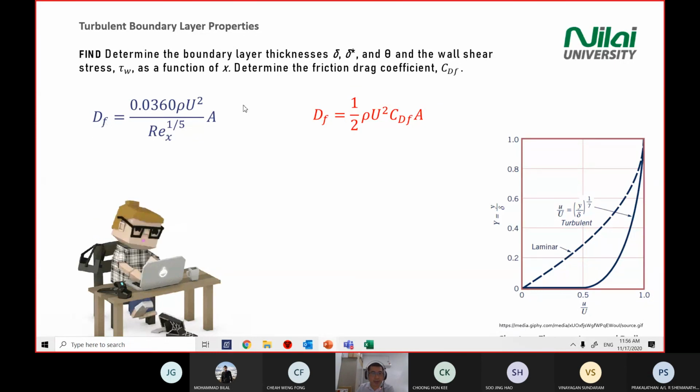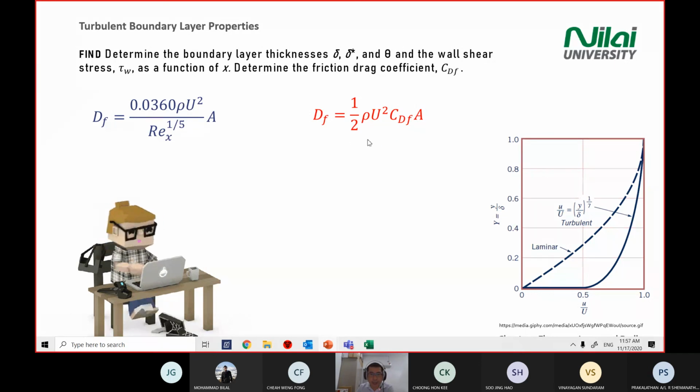So the drag equation that you derive from the boundary layer thickness on the left, you get 0.0360 rho U squared divided by Reynolds number to the power of 1/5 times A. And this one is a general definition for drag in terms of the dynamic pressure.